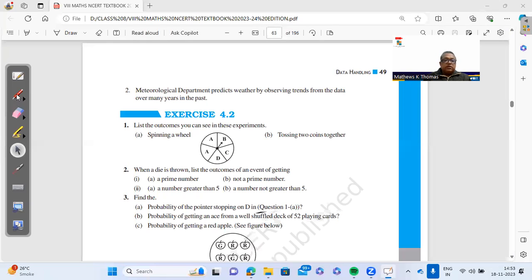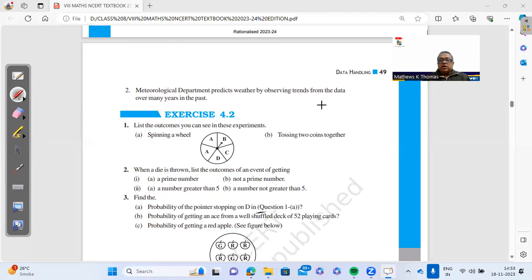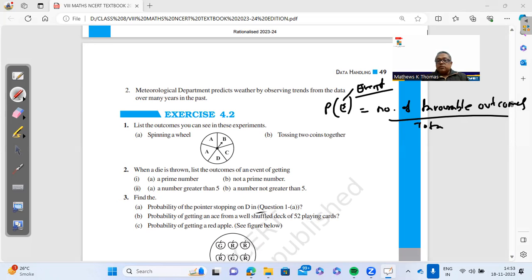In this exercise, we have probability, and probability is represented by P(E). P stands for probability, E stands for the event. Whichever event is happening, tossing a coin, throwing a dice, picking up a card, all these are events. The formula is number of favorable outcomes divided by the total outcomes.